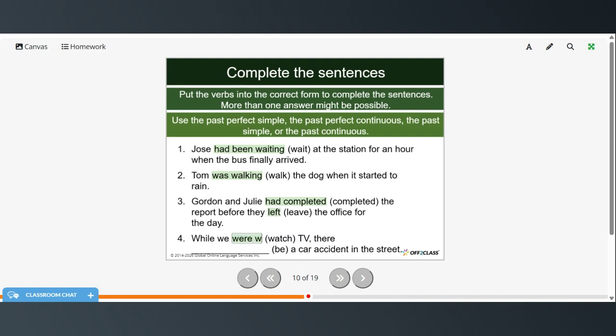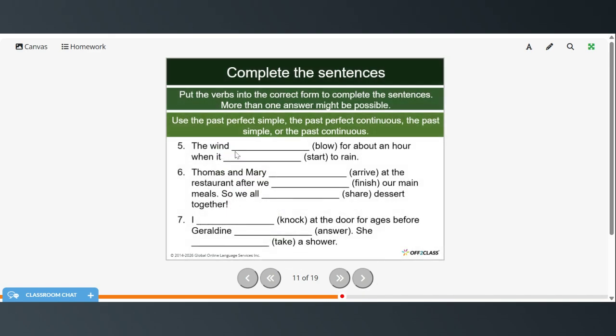While we were watching TV, there was a car accident in the street. The wind had been blowing for about an hour when it started to rain.